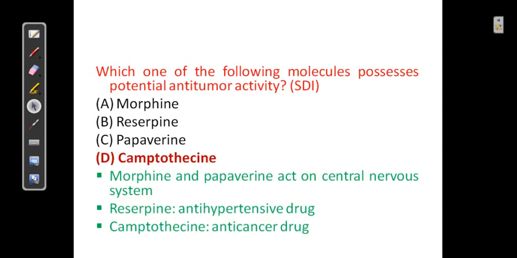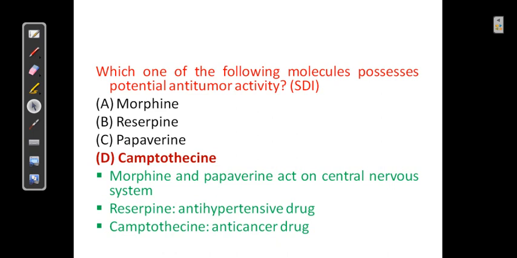Next one, which one of the following molecules possesses potential anti-tumor activity? Anti-tumor means anti-cancer activity. Morphine, reserpine and papaverine. Morphine and papaverine are obtained from opium and they have sedative activity. They act on the nervous system.